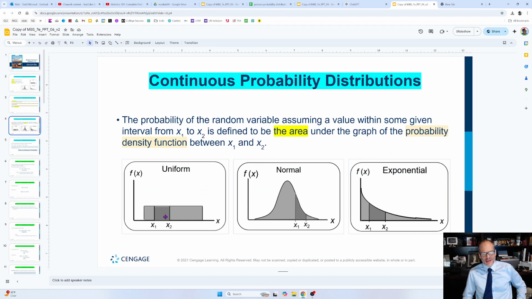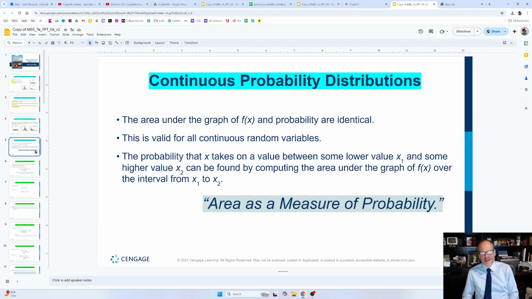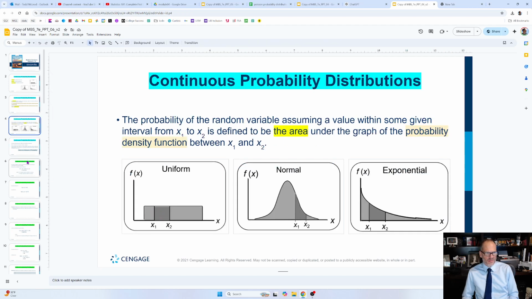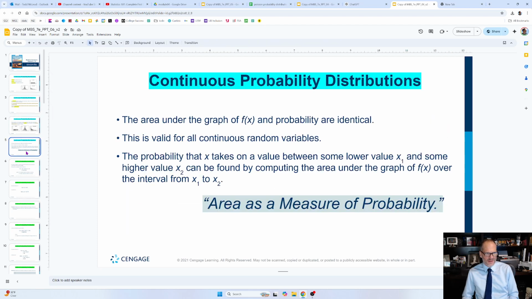So calculate the area here, and that's the probability that the value could be between this point and that point. It's pretty clear from the drawings that that's the case, but they're just making it extra clear by pointing it out here. And that leads to this saying, area is a measure of probability. Again, overcomplicating things, if you ask me.